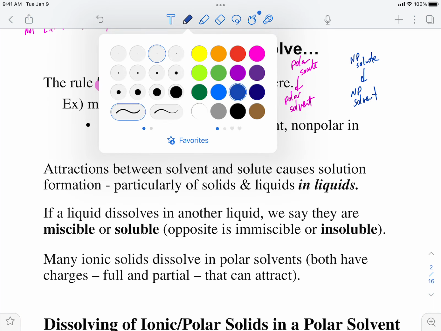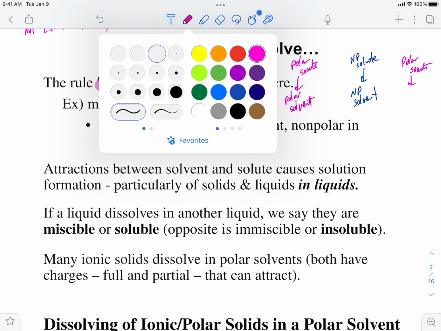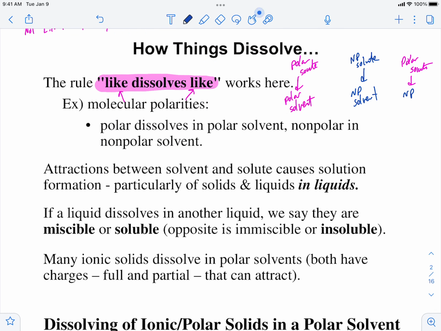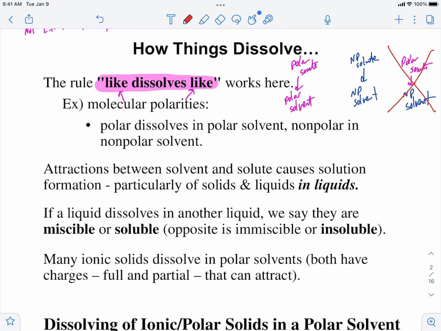But what you cannot have is the mixing, right? So if I took a polar solute and I tried to dissolve it in a nonpolar solvent, that would not happen.